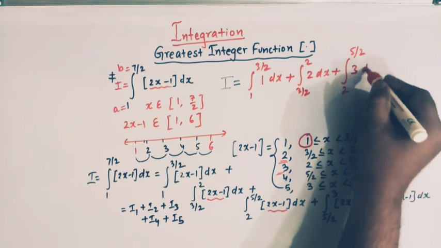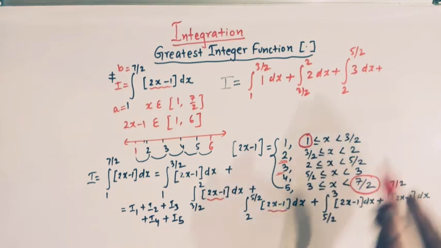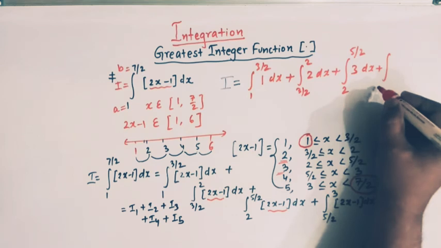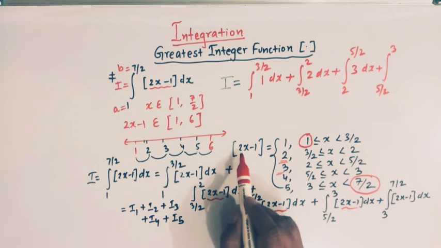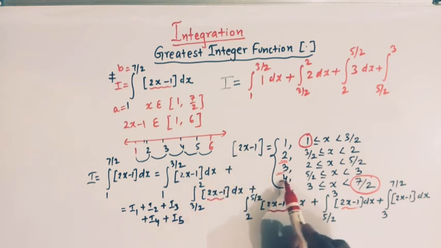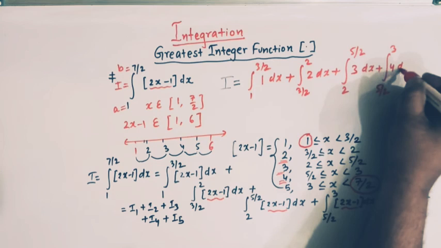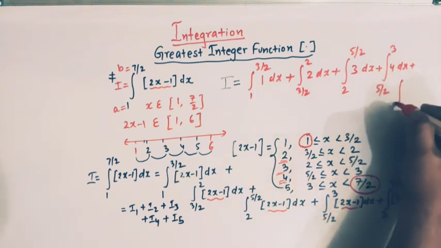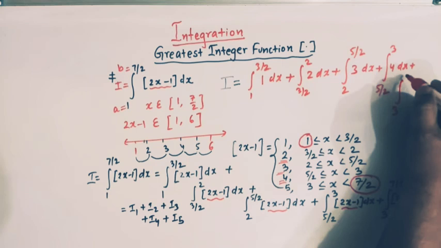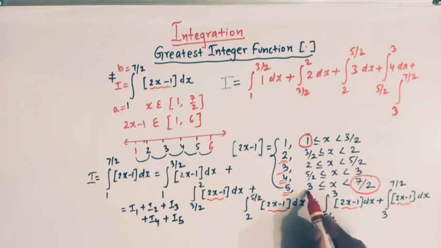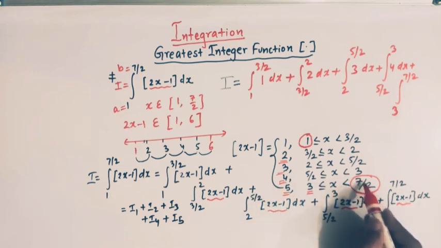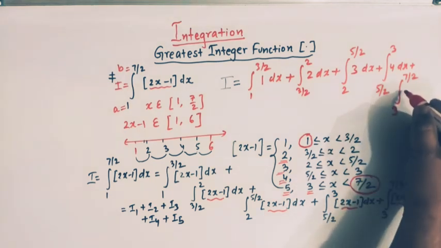So here we have 3 dx, plus we have from 5 by 2 to 3, and the value of the greatest integer function 2x minus 1 is 4. So here we have 4 dx, plus we have 3 to 7 by 2, and the value of the greatest integer function 2x minus 1 is 5 when x lies between 3 to 7 by 2. So here we have 5 dx. Clear?